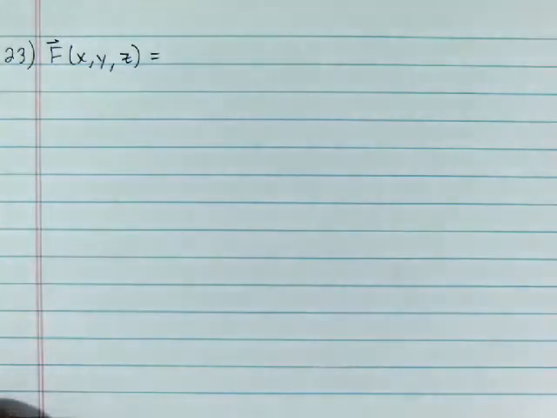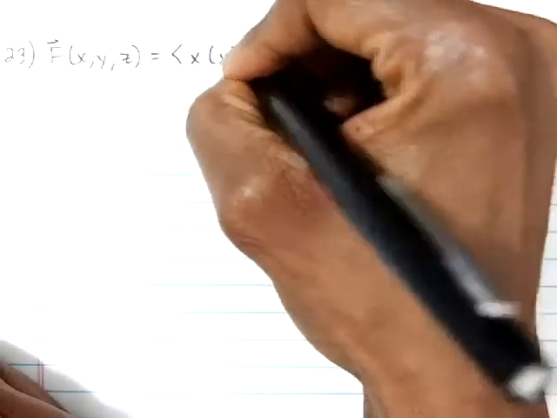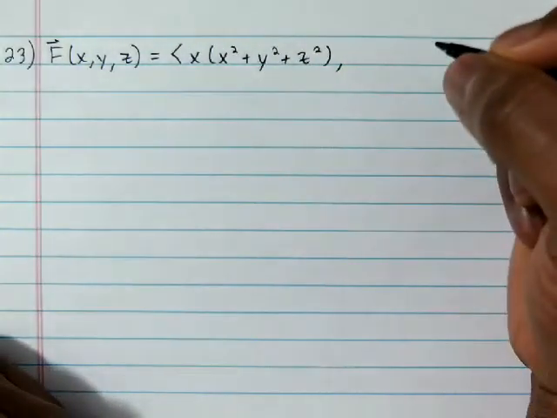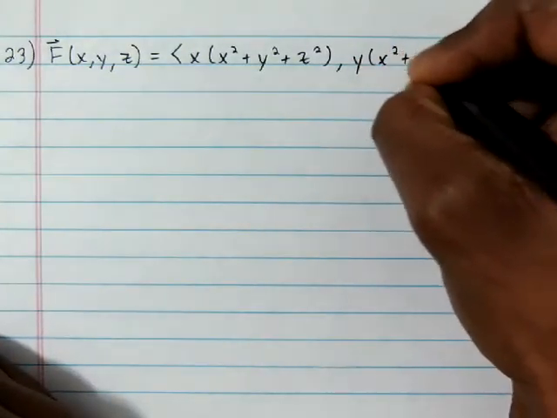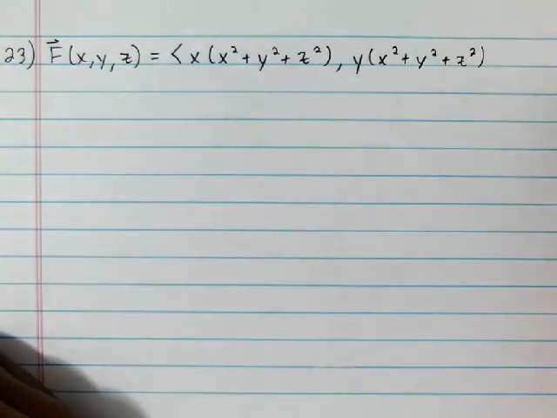So number 23, same directions as number 15, and our vector field that they give us is f of x, y, z equals x times the quantity x squared plus y squared plus z squared, and then y times that same quantity x squared plus y squared plus z squared, and then 0.